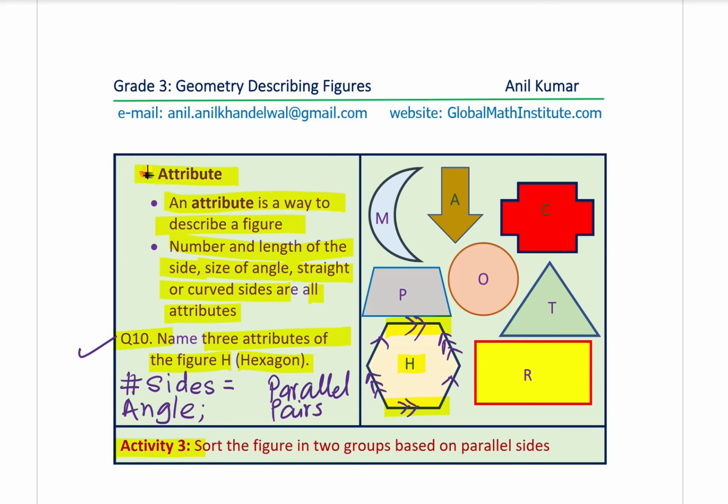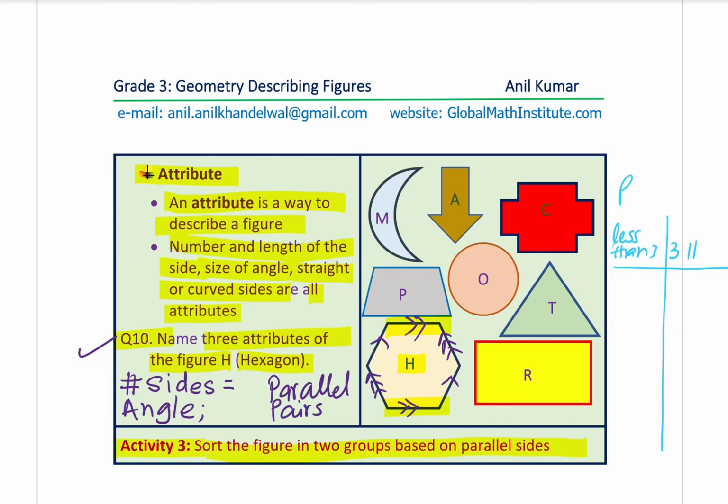Here is activity number 3 for you. The activity is sort the figures in two groups based on parallel sides. You understand? So you could sort them out by using a table, right? You can say, well, three parallel sides or less than three, right?